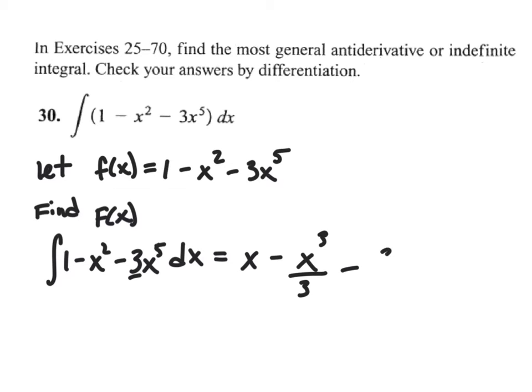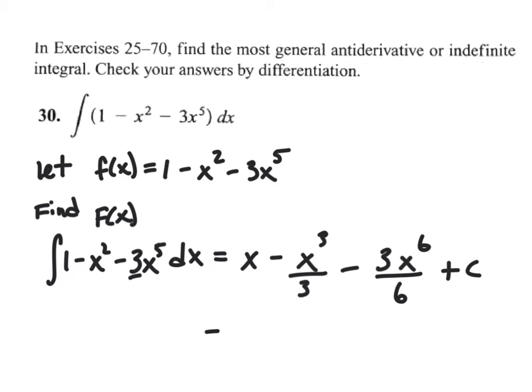So I've got minus 3, we had the x to the fifth power here, so I'm going to increase that by 1, and then divide by my new exponent, which is 6. And then I have the plus c.